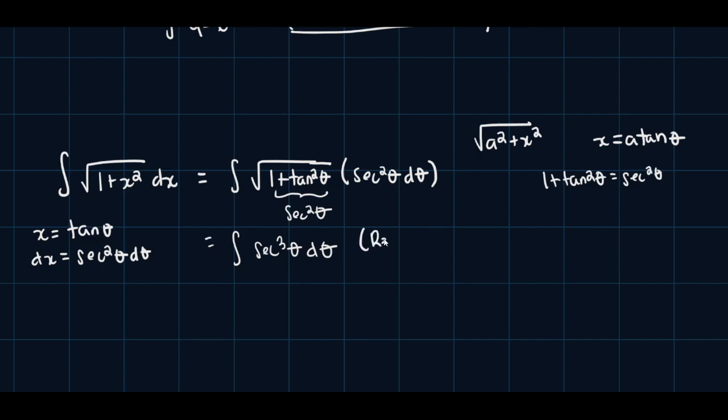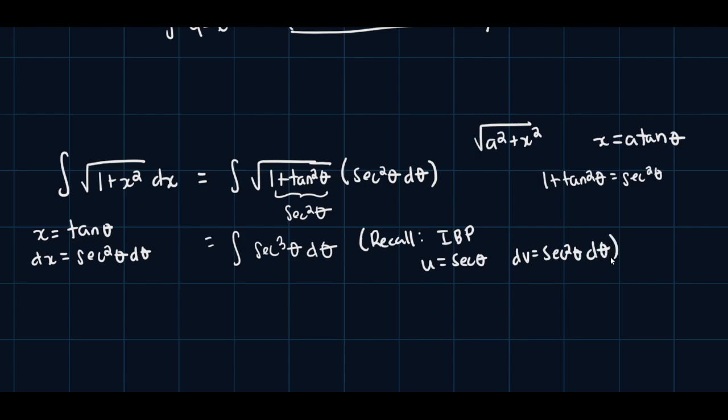So recall IBP with u equal to secant theta and dv equals secant squared theta d theta.